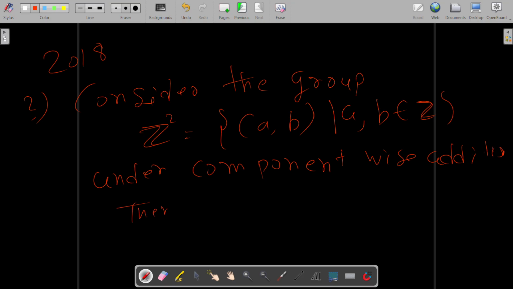We will add them component wise. Which of the following is true?